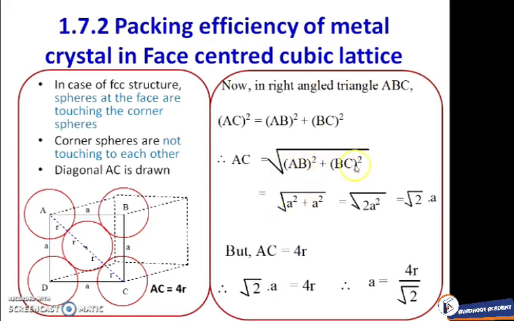But AB and BC both are equal to a, and therefore under root a square plus a square, that is equal to under root 2a square, that is equal to root 2 a. So AC is equal to root 2 a. But we know that AC is equal to 4r, and therefore root 2 a is equal to 4r. Therefore a is equal to 4r upon root 2. So this is the value for a.